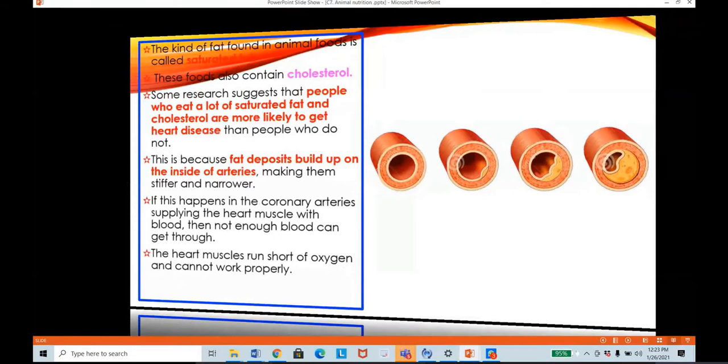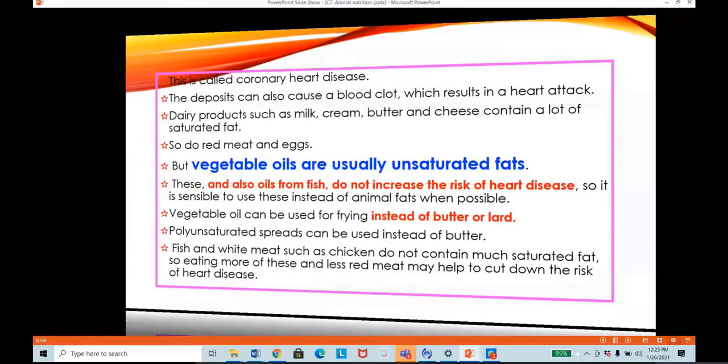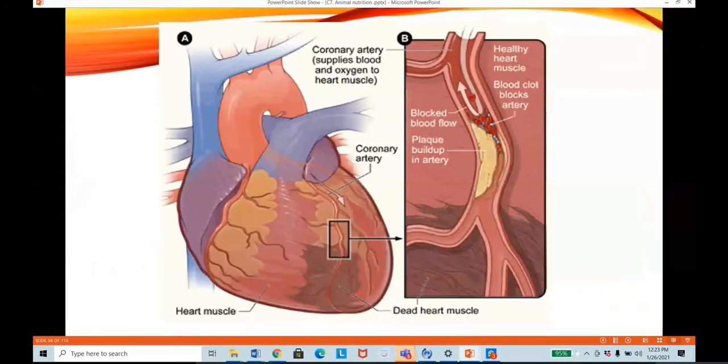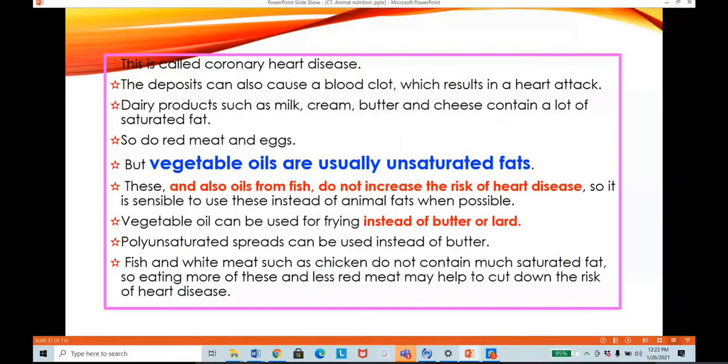This is how you can see it in this picture. It has been explained. So how do we substitute these saturated fats? We discussed that saturated fats are the fats in which the cholesterol content is high, like red meat and beef. So how do we compensate for that?